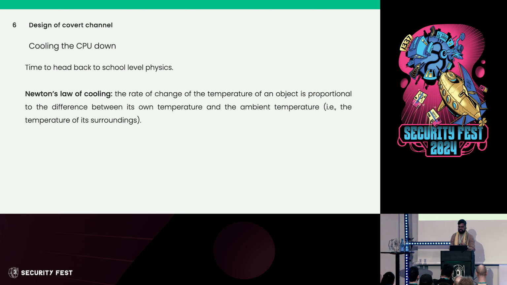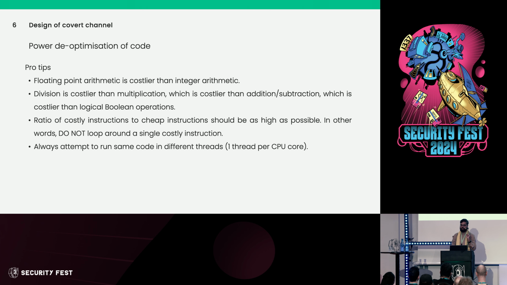This means that while I am trying to heat the CPU up, I should not heat the heatsink itself. If the heatsink itself becomes hot, the temperature difference between the CPU and heatsink will be much smaller than I desire, which means that the CPU will take a long time to cool down.